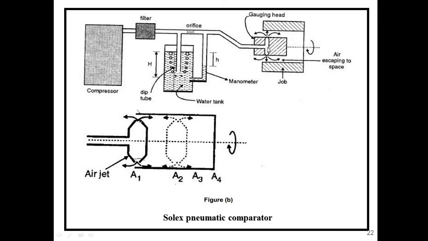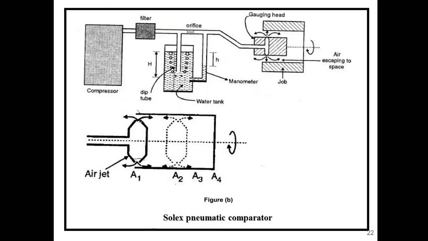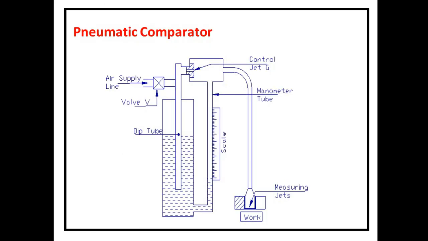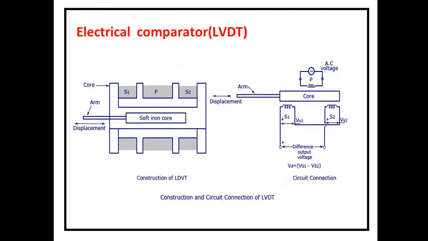This type of gauge is designed to measure the diameter to an accuracy of a few microns. You can draw any sketch; these are two different sketches, but the basic thing is the same. Whatever we discussed is written here.